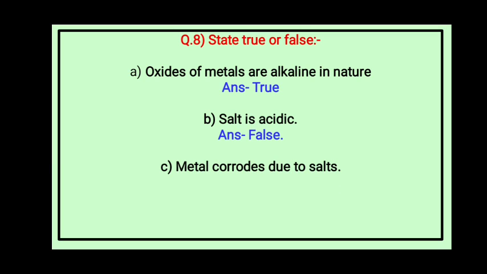That means the corrosion that takes place on the metals, is it because of salts? What is the answer? True or false? The answer is false. The corrosion doesn't take place because of salts, but it takes place because of the acids that are present.